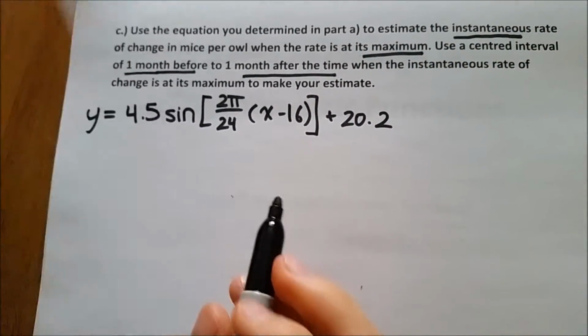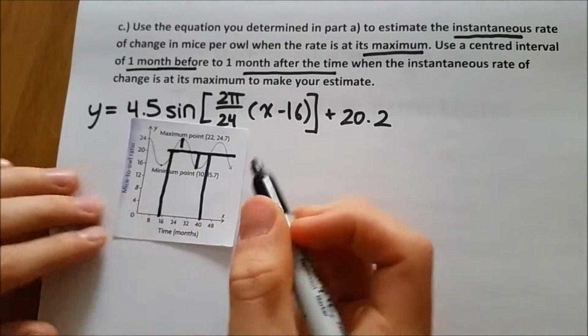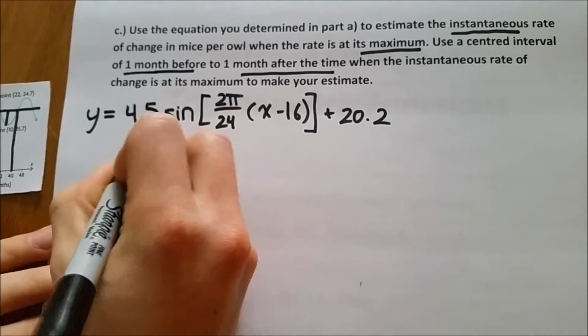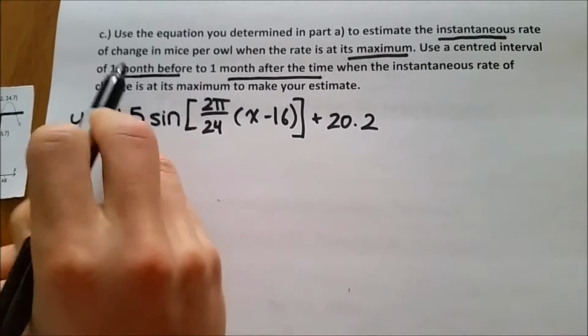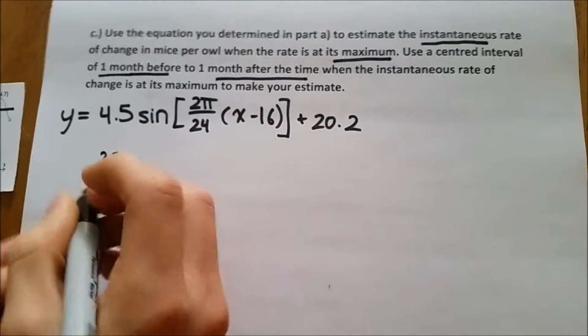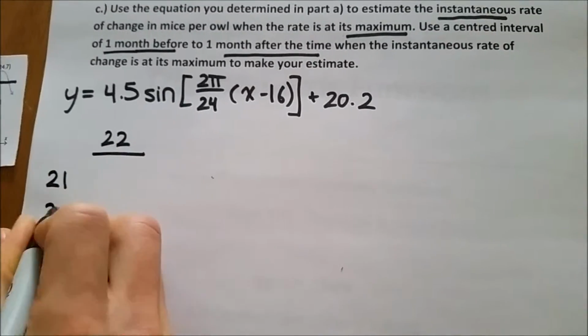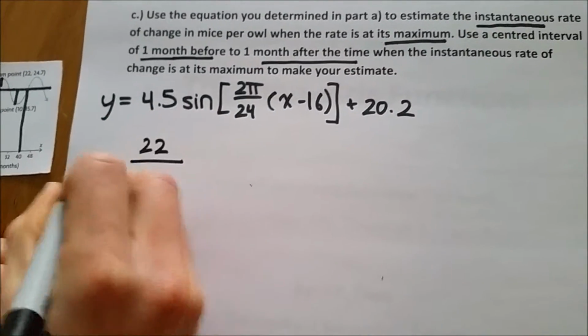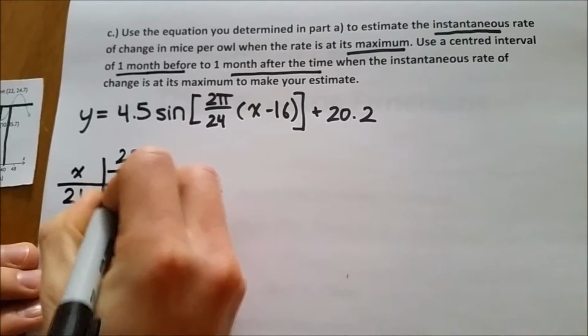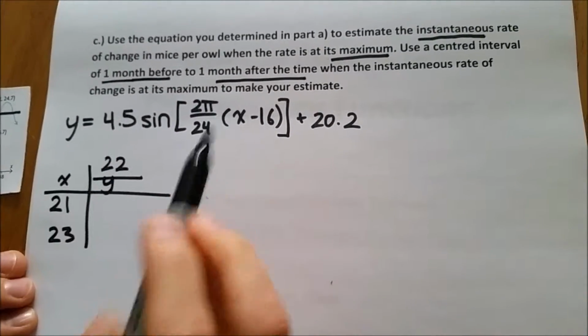The maximum is given to us as 22, but it wants 1 month before to 1 month after, so we're going to use 21 and 23. All we do is plug the x value into the equation.